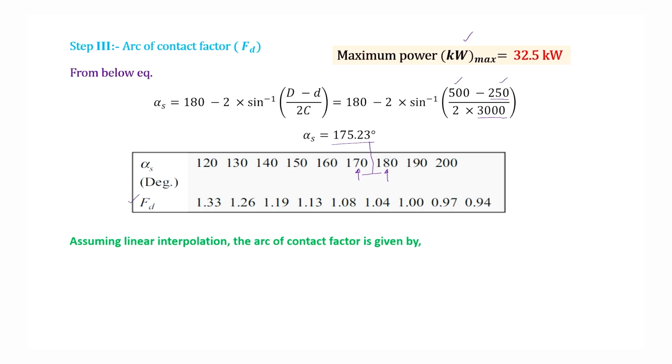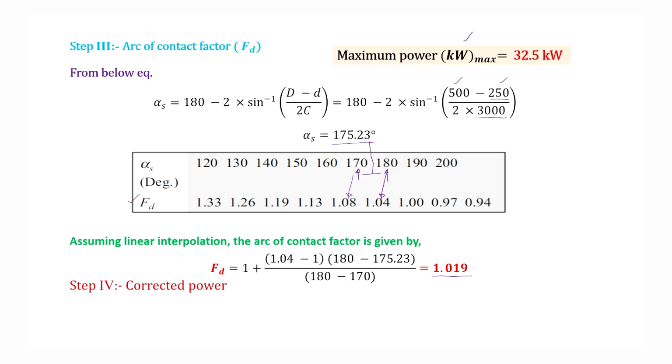Assuming linear interpolation, the arc of contact factor is given by, we have done the linear interpolation between the two values. For the case of 180 degree arc angle, correction factor FD is 1.00, and for 170 degree is 1.04. So by interpolation we got FD as 1.019.